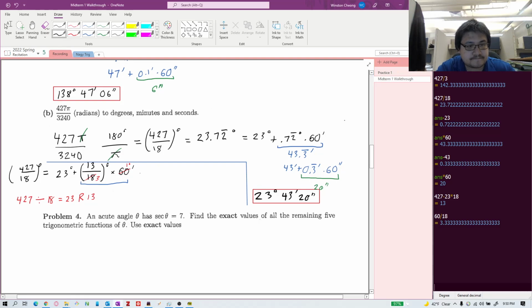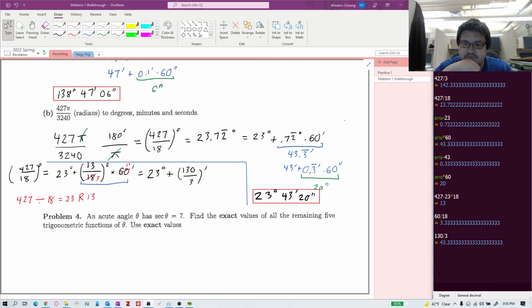So I'm just going to copy this. 23, we're just copying that part, and then plus 13 times 10, so 130 over 3, and now this is in minutes. This is already departing from my previous solutions, but let's make sure everything is okay.